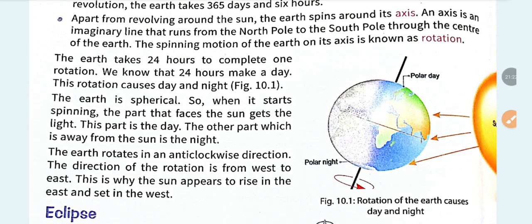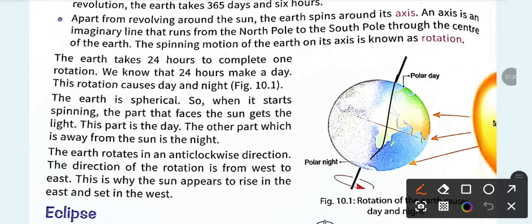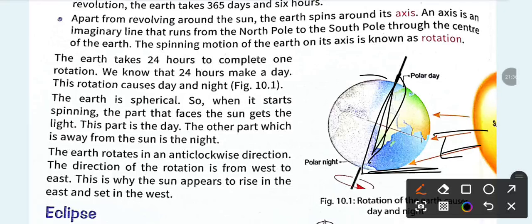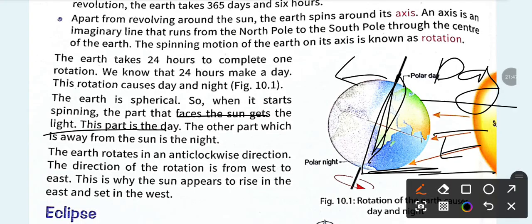Now we know that Earth is spherical in shape, don't we? So when it starts spinning, as you can see with the Sun here, only half of the Earth is facing the Sun and half is away. The part which is facing the Sun gets the light, and this is the region where it is day.